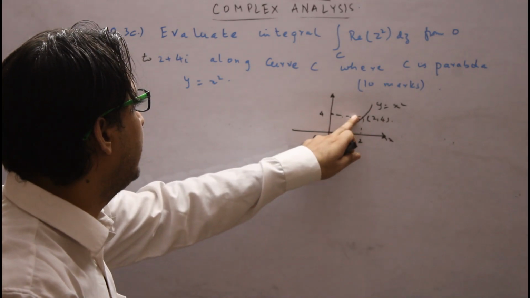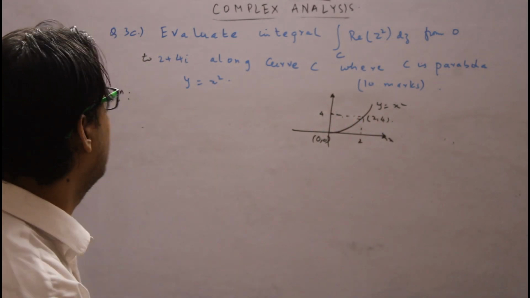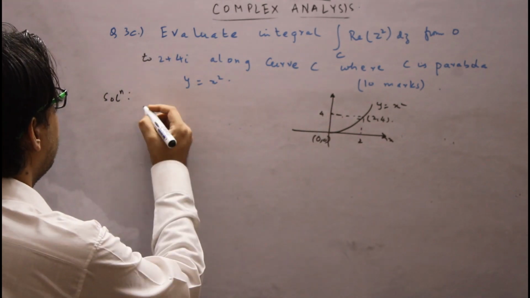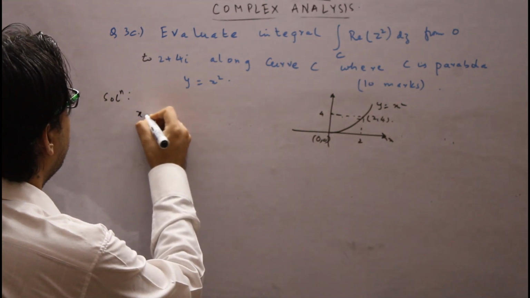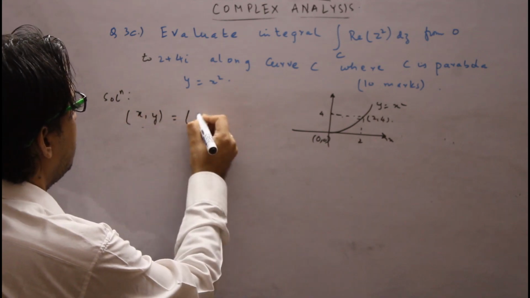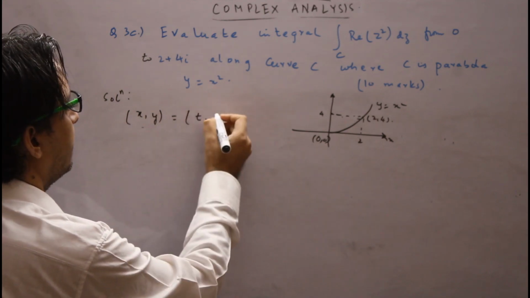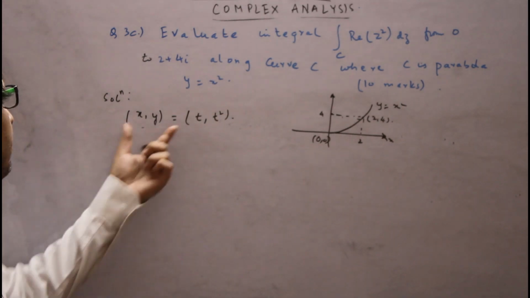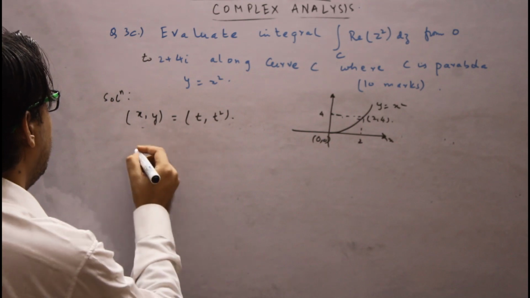So we have to find the integral from (0, 0) to (2, 4). Now I will try to parameterize this. If I put x equal to t, that means y is equal to x square, so t square is the y value for this.